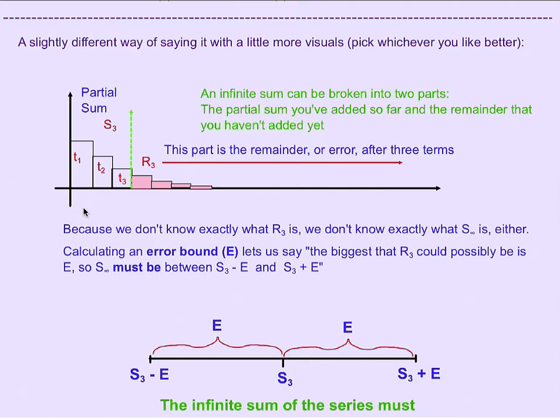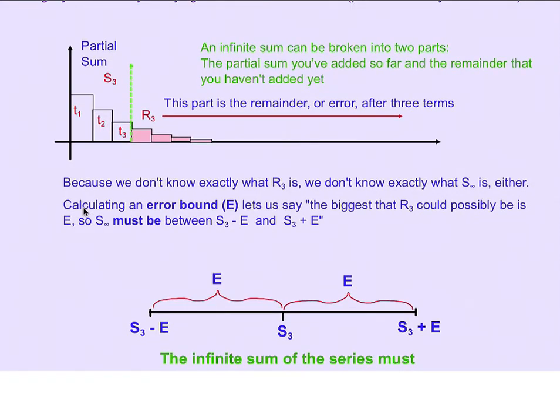If we take the partial sum after 3 terms, what we're doing is using 3 terms to approximate the infinite sum. But we could be off by a certain amount. That amount is E. Which means the actual infinite sum is somewhere between S3 minus E and S3 plus E. Somewhere in that range is the actual infinite sum. We are going to see 2 different ways of calculating that error bound in the next 2 videos.